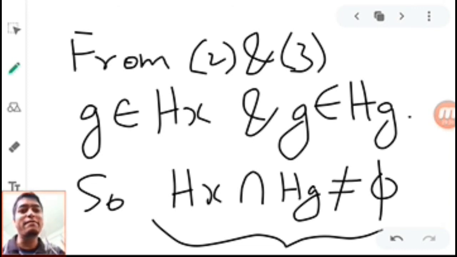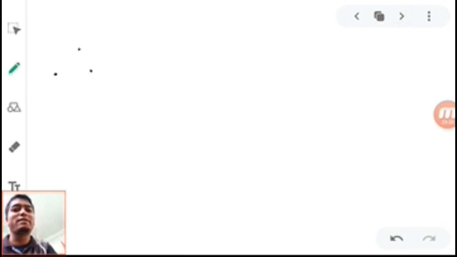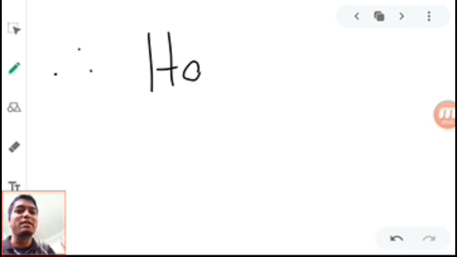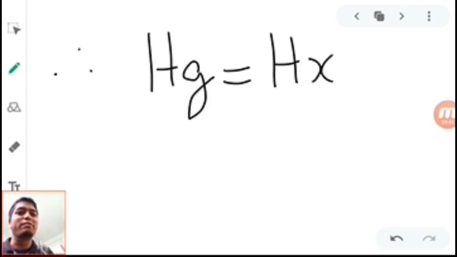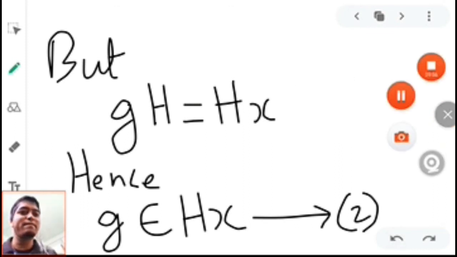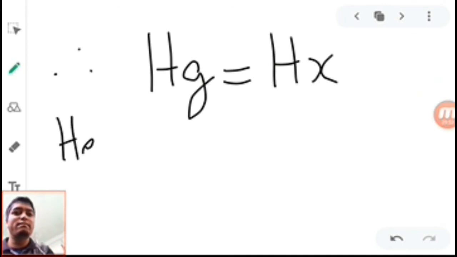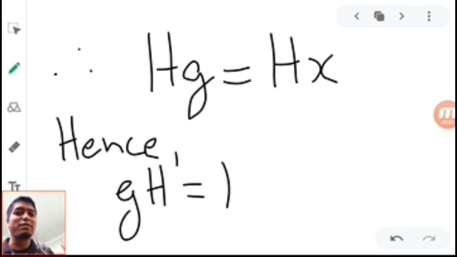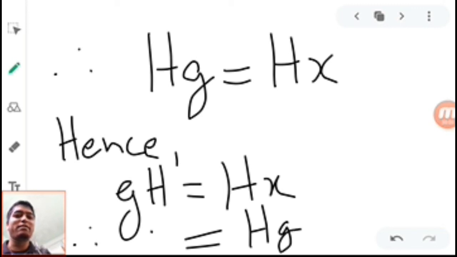Once you have Hx intersection Hg is non-empty, we can conclude, therefore Hg will be equal to Hx. Hence we can conclude gH is equal to Hx, but Hx is equal to Hg. Therefore gH is equal to Hg.